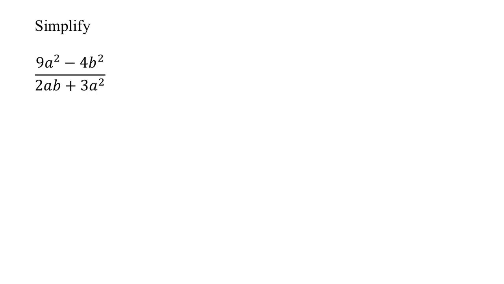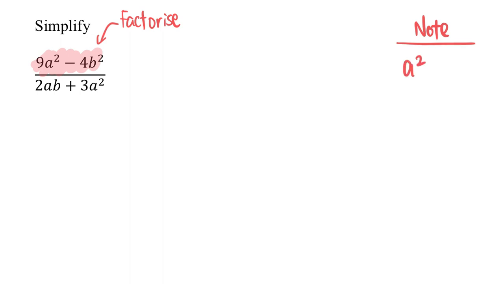And the very first thing that comes into my mind is, how can I factorize this? And it is at this point that I remember this. A square minus b square equals a plus b, a minus b.